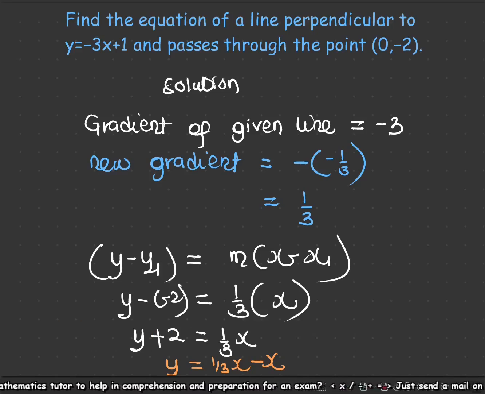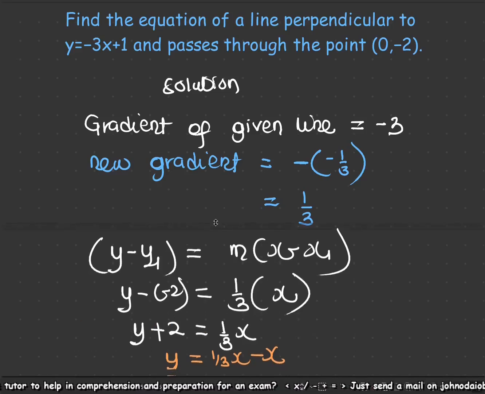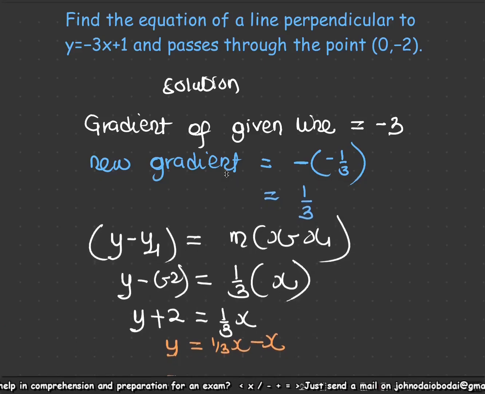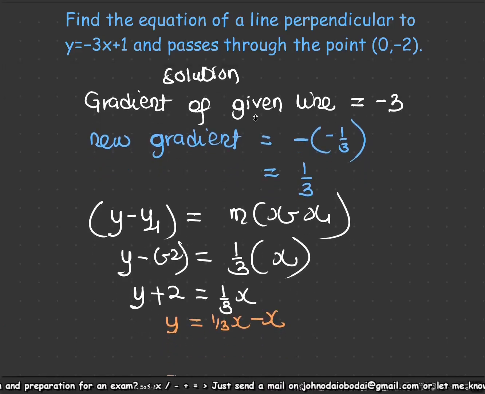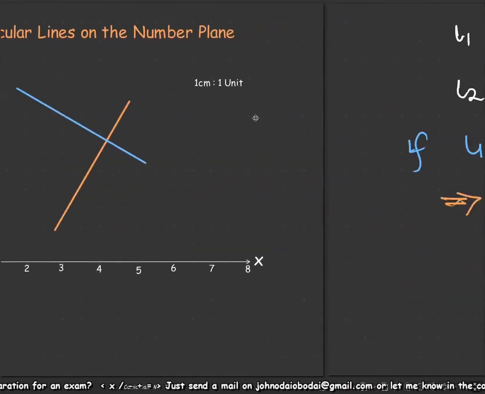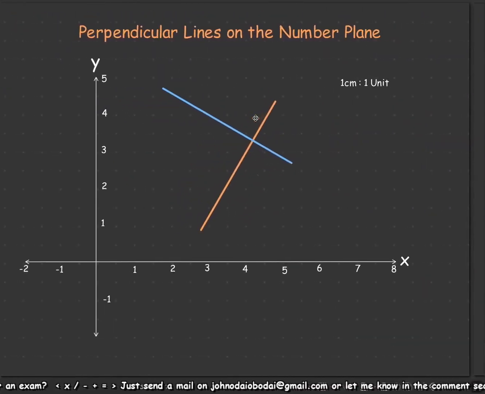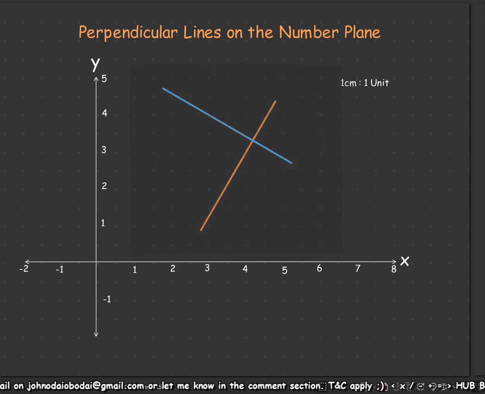And I do hope that you have been able to understand what we've been trying to learn. All we are saying is, for two lines that are perpendicular, they meet at an angle of 90 degrees, if you want to represent them graphically.